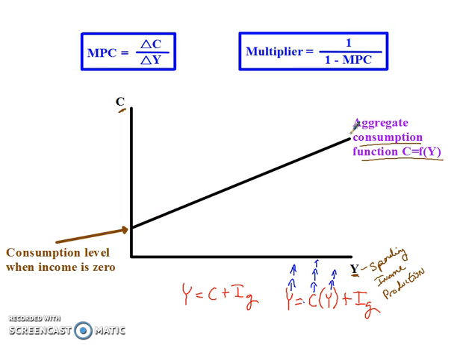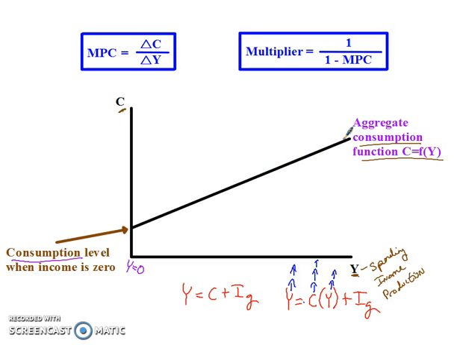And then we have this kind of weird spot down here, the vertical intercept right there. What does that vertical intercept mean? Well, that's the level of consumption that happens when income is right here at 0. So even if income is at 0, there is still some consumption that occurs, maybe through borrowing, maybe through depleting your savings in order to buy stuff. So there's some consumption level that happens even at 0 income.